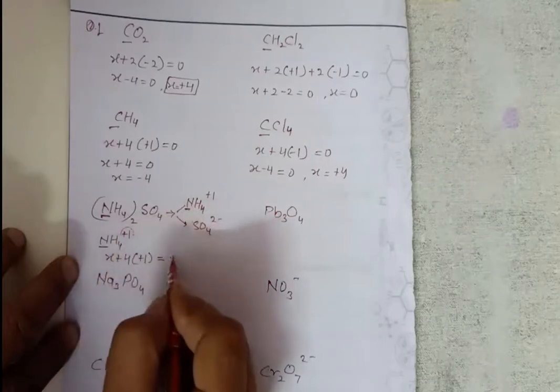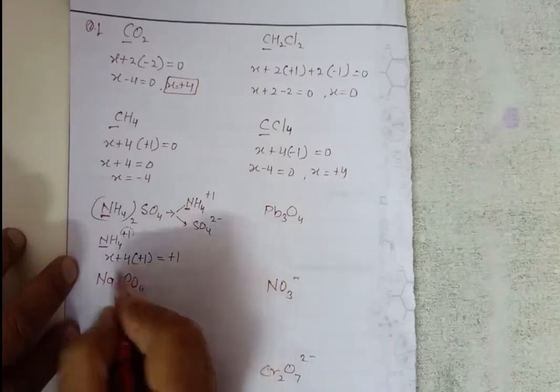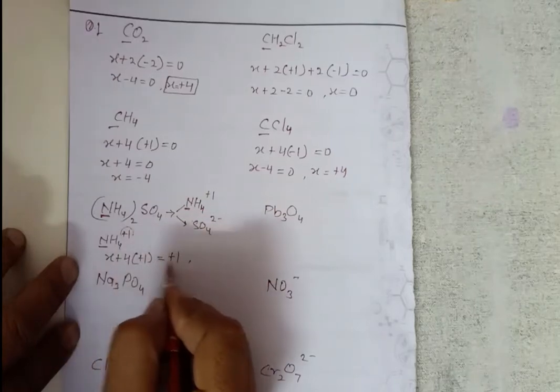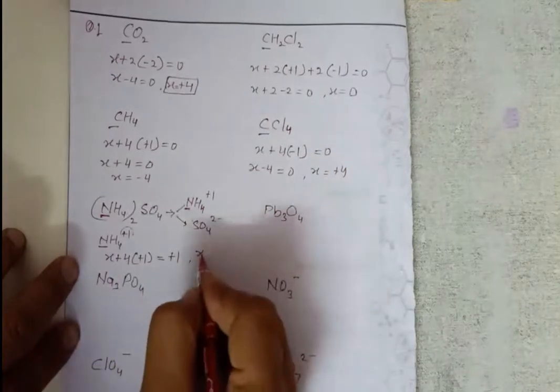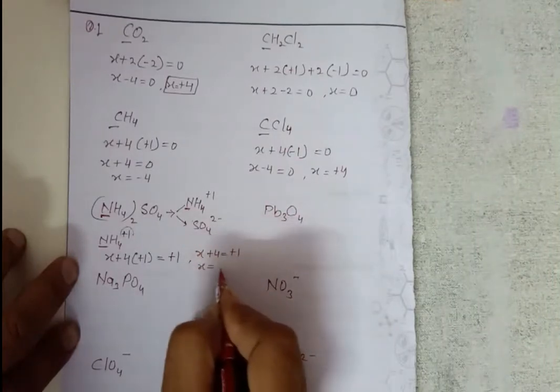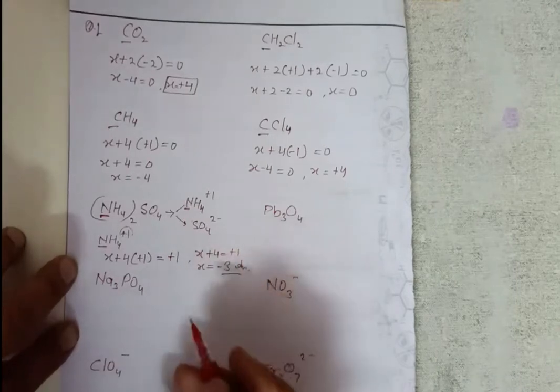So here the charge is plus 1. So the sum of all the oxidation numbers must be equal to plus 1. Now you can solve it easily. So X plus 4 is equal to plus 1. So X will be equal to minus 3. Answer. I hope you understood.